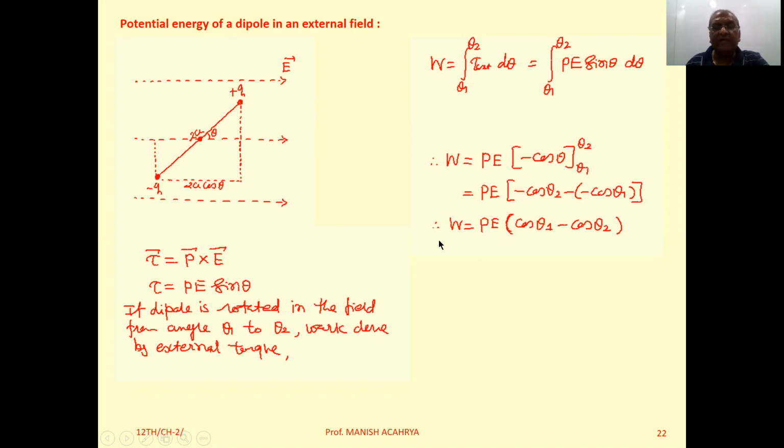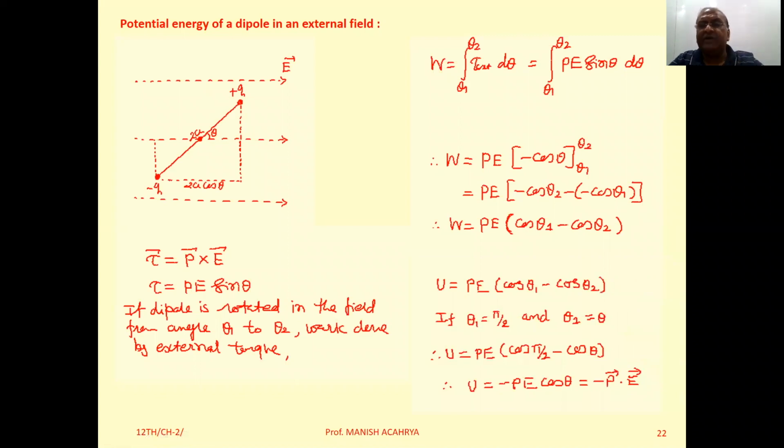Therefore W is equal to PE into cos theta 1 minus cos theta 2. And we know this thing: this work done will be stored in the system in the form of potential energy. So we can write the potential energy U equal to PE into cos theta 1 minus cos theta 2.